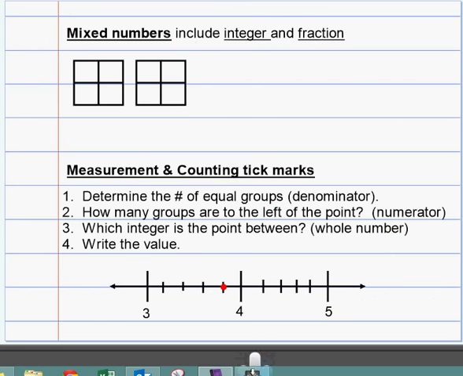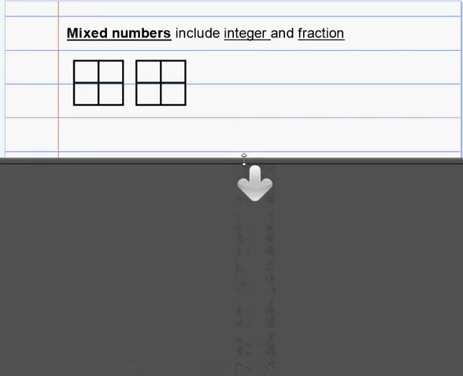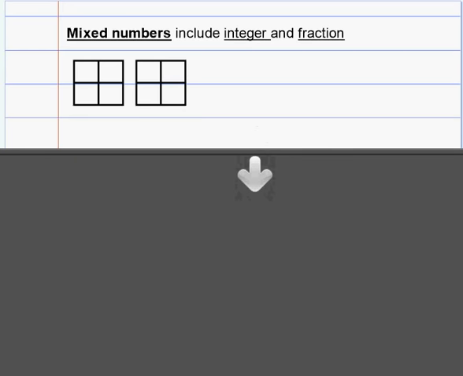Mixed numbers are going to include a fraction and an integer. Okay, so this represents 1 unit here and 1 unit here, and we're going to do some shading. I want to shade in the entire first square, even though it's cut into 4 different groups. That is how many of those we have.